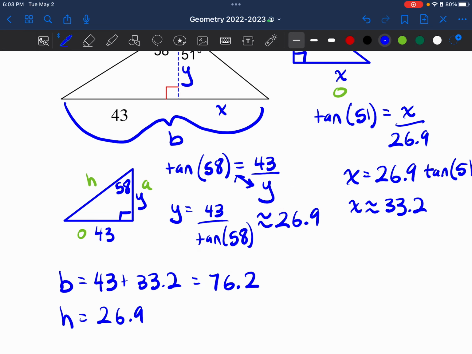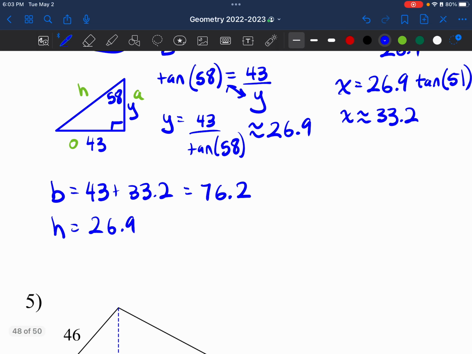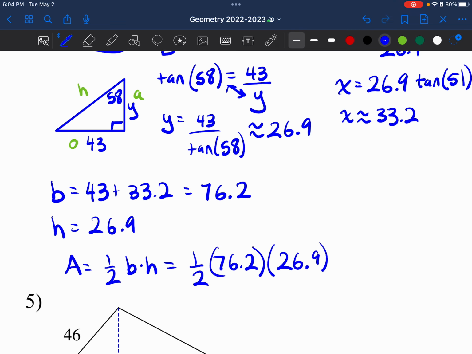Then I'm just plugging in the formula. The area of the triangle is 1/2 of base times height, which is 1/2 of 76.2 times 26.9. And I'm going to split the screen because I might forget all of this.